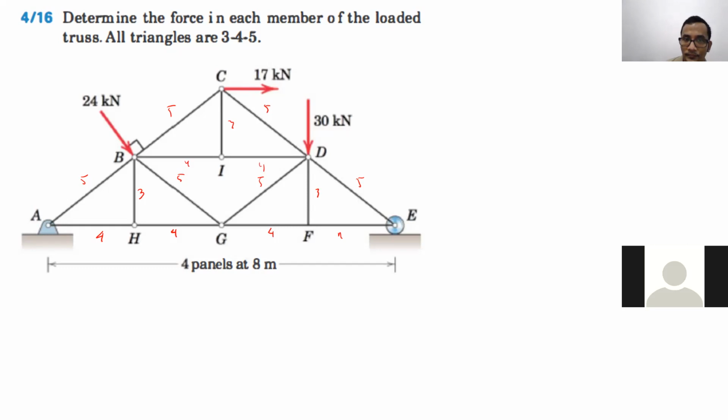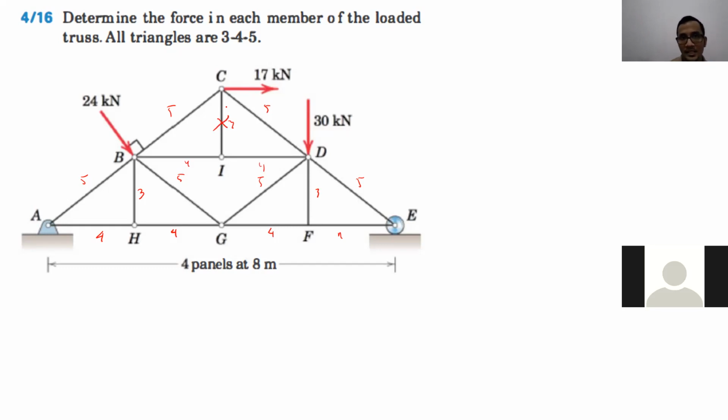How about CI? CI, yes, correct. By looking at this particular joint, joint I, BI and ID are two collinear members, and there is no external load at joint I. That's why CI will be a zero force member.